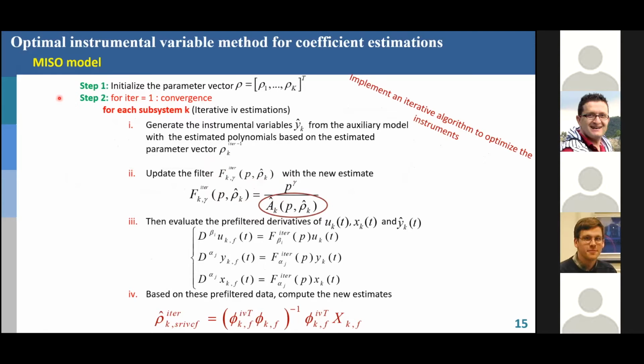The first goes from iteration 1 to convergence. The second loop is, for each subsystem, we implement the IV estimator. We generate the instrumental variable using the filter, and update the filter with the latest rho we have. With this filter, we evaluate the pre-filtered derivatives of the input and output data. Using this pre-filtered data, we compute the new estimate, and so on.